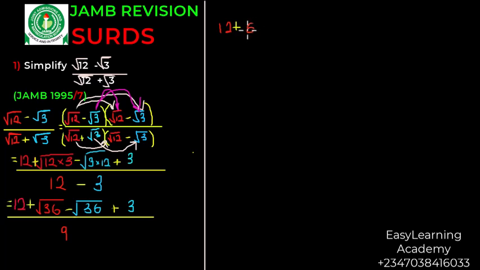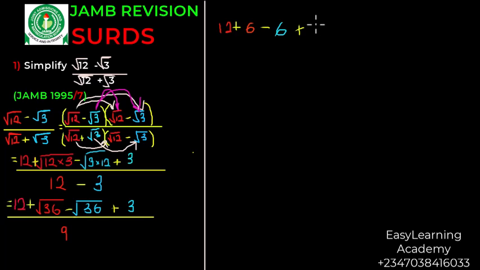And then we bring down our subtraction, and of course the square root of 36 here also is what? Is 6. And let's have our operation, and here we have plus, and then bring down 3.